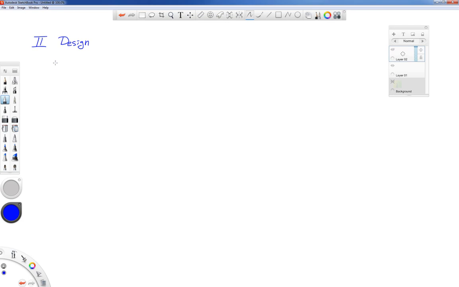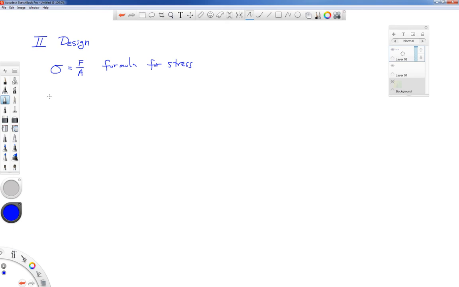Sigma is equal to F over A in terms of a design problem. So that's just our basic formula for stress. If we know the force and the area of the cross-section, we can find the axial normal stress.